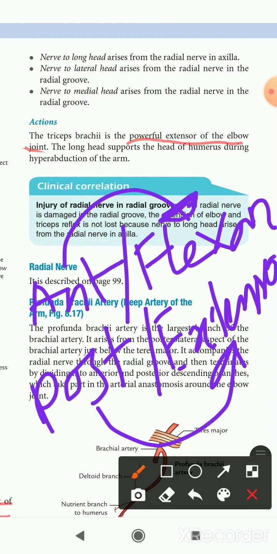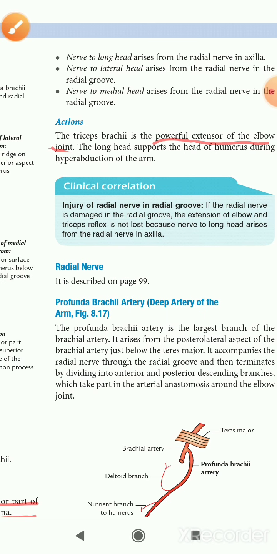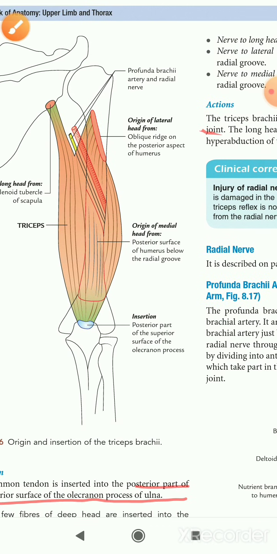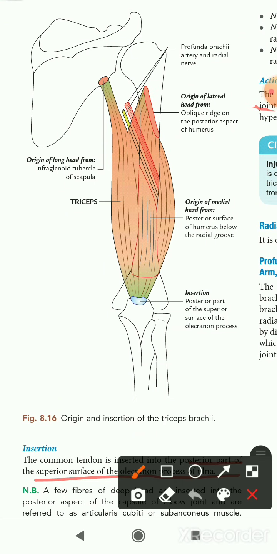So as the triceps is located in the posterior compartment of the arm, it will cause extension of the elbow joint. Why the elbow joint? Because it passes over the elbow joint and is inserted on the ulna, so it will definitely act on the elbow joint. So it is a powerful extensor of the elbow joint.